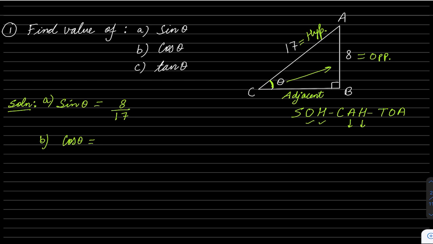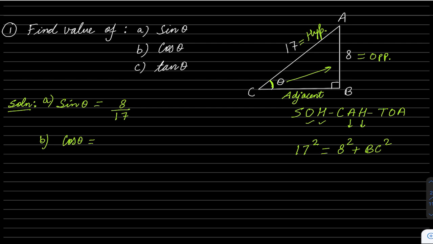Remember, we have done this in Pythagoras theorem also. If two sides of a right angle triangle are given, then you can always find the third side using the Pythagoras theorem. So let's try to do that. 17 square, that is hypotenuse square, is equal to the sum of squares of the remaining two shorter sides, that is 8 square plus, let's say, BC square.